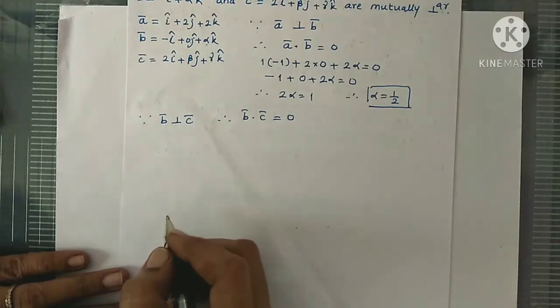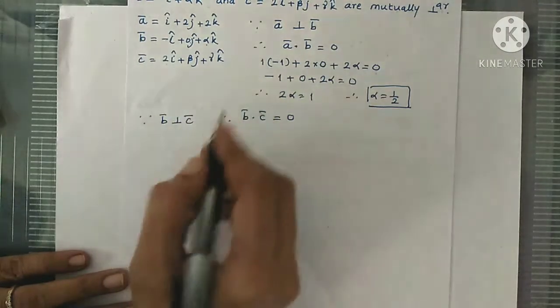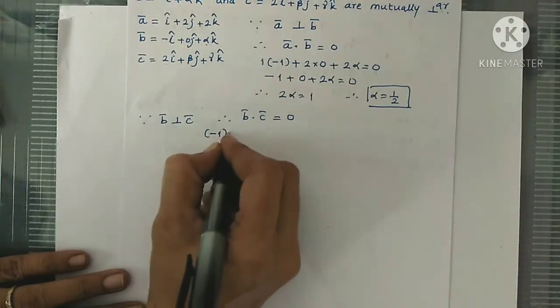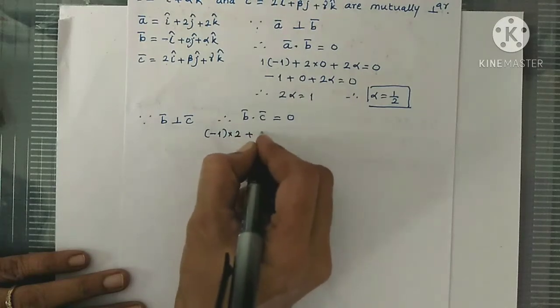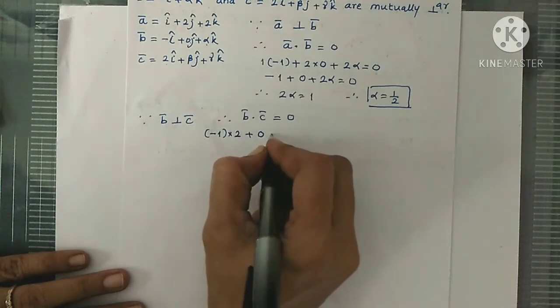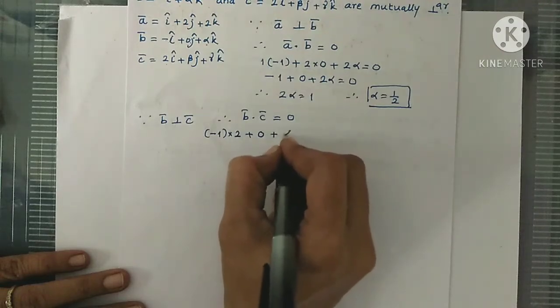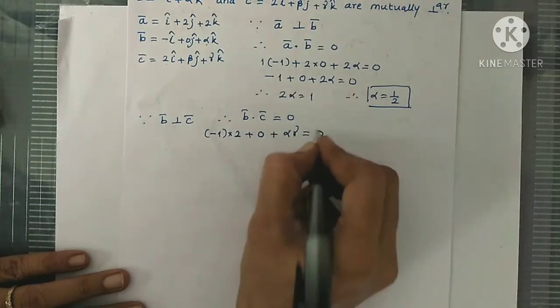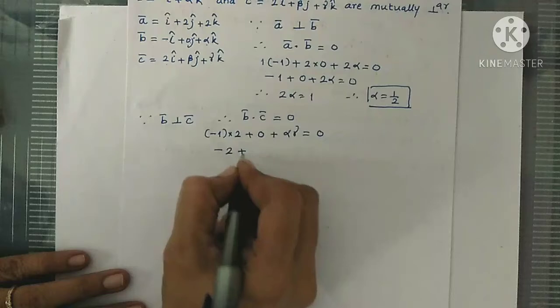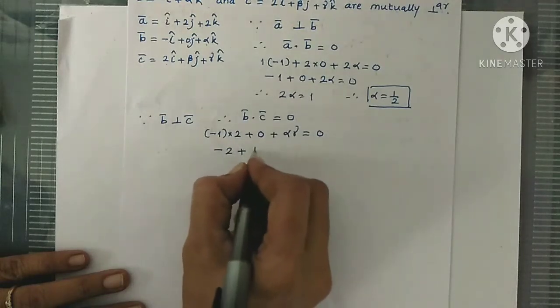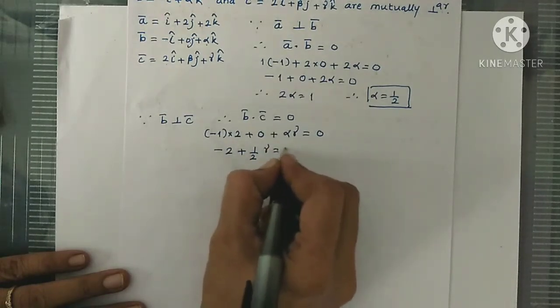Let's write the dot product directly. So it is minus 1 into 2. The next one is 0 into beta, let's write 0 directly. And the last one, alpha into gamma, equals 0. Now it is minus 2. Now let's substitute the value of alpha, which is 1 by 2. Gamma by 2 minus 2 equals 0.